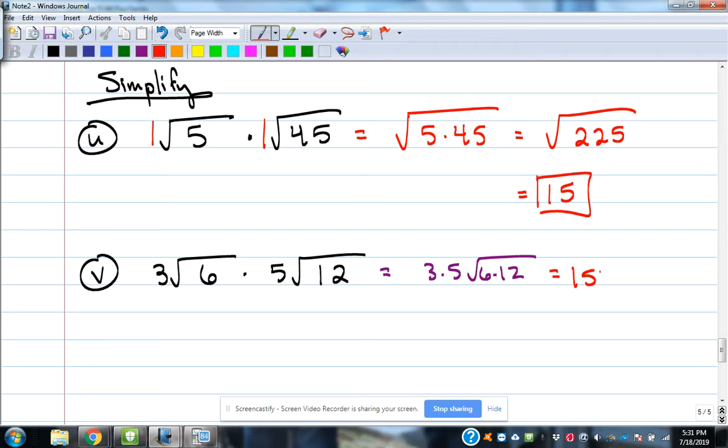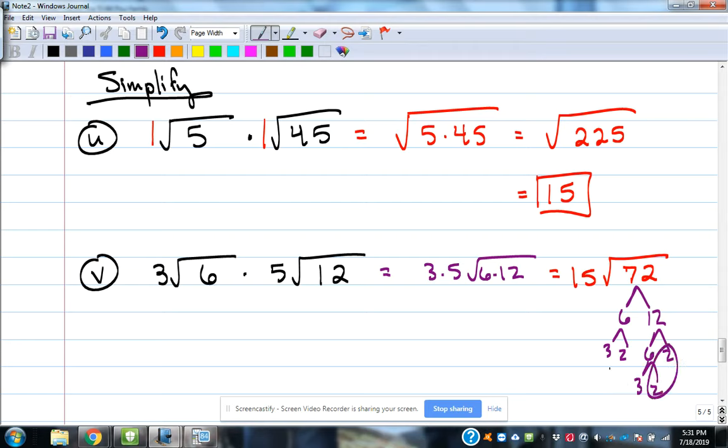That'd be 15 square root of 6 times 12 is 72. And then 72 doesn't have a nice square root. So that means I got to simplify this using factor tree or whatever other method that I might use. So 72, I got it from 6 times 12, so I'm going to use that. 3 and 2, 6 and 2, 3 and 2.